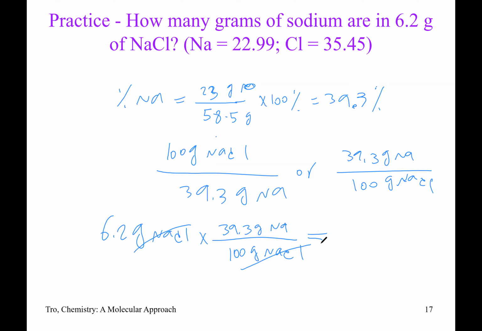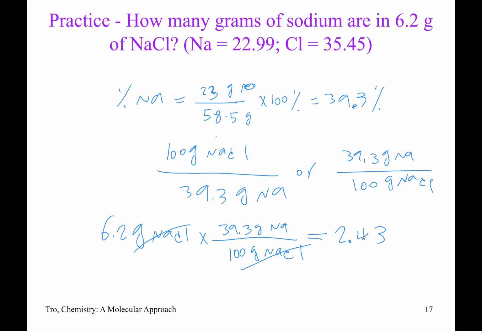So the units of grams NaCl are going to cancel. When you do the math, it is going to give you the mass of sodium only. So can you tell me what that number is? That's like 2.43, right?